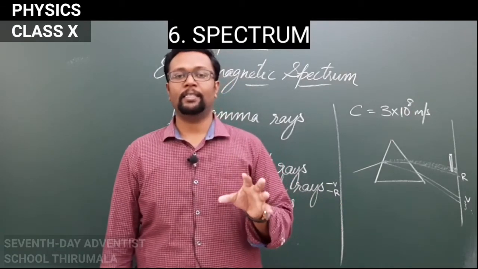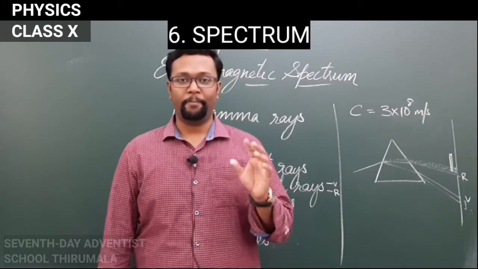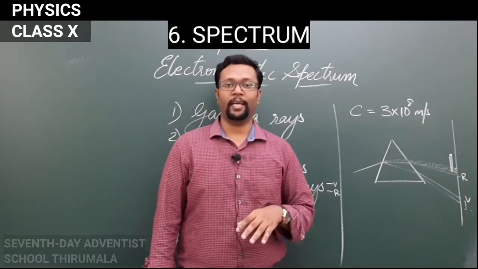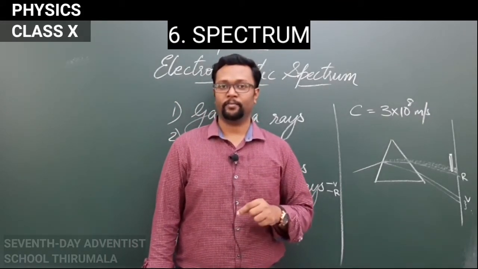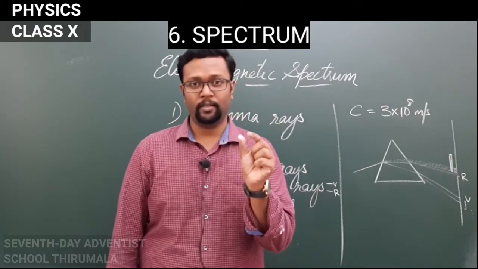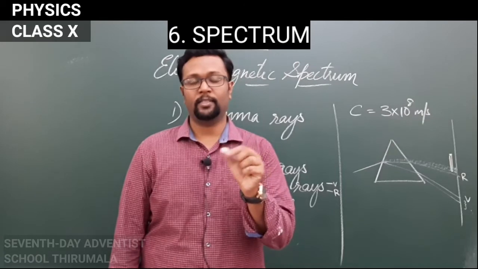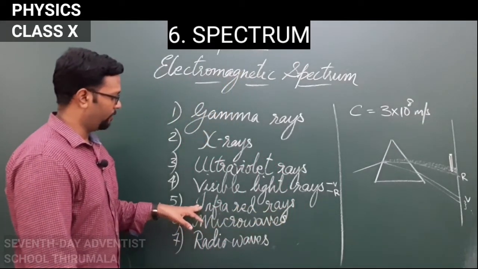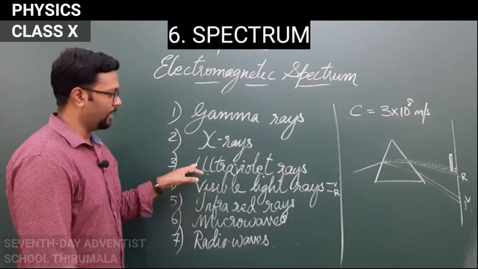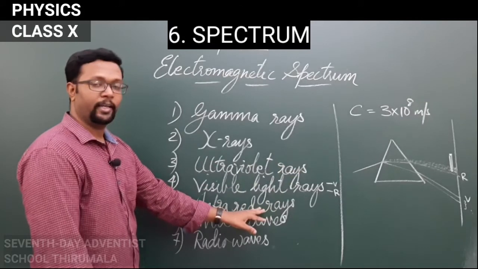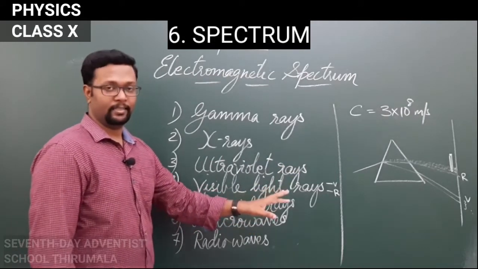And these ultraviolet radiations are capable of causing fluorescence in substances like barium sulfide and zinc sulfide. And owing to their shorter wavelength, ultraviolet radiations are scattered the most. Comparing infrared rays, visible light rays and ultraviolet radiations, ultraviolet is scattered the most and infrared is scattered the least.